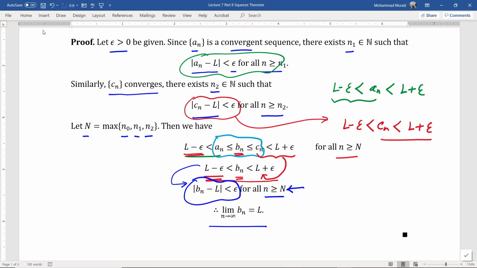This concludes the proof of the squeeze theorem. Please pause the video and try to read the proof again.